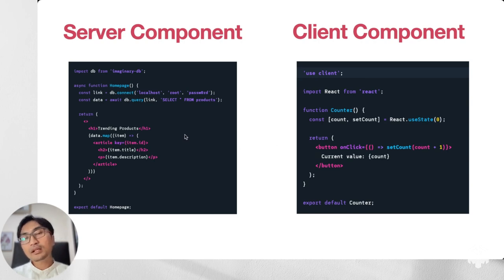The other difference that we can see from the server component to the client component is that a server component can import the DB and connect to the database directly from the component. This is quite astonishing for a long time React developer.